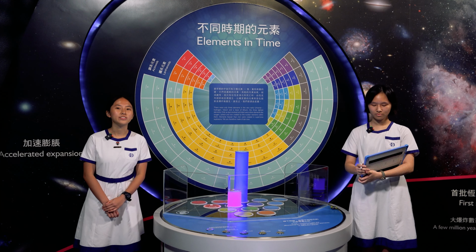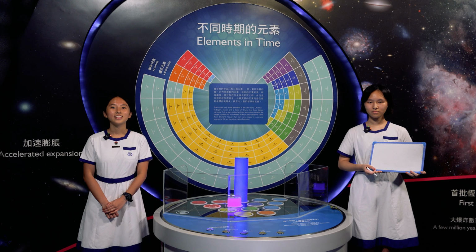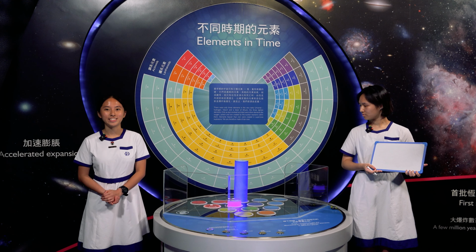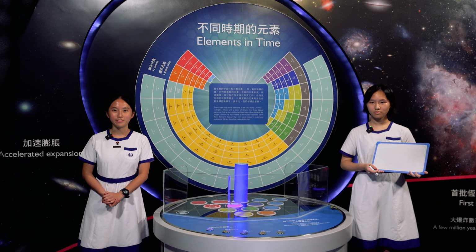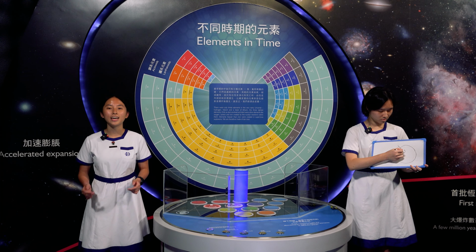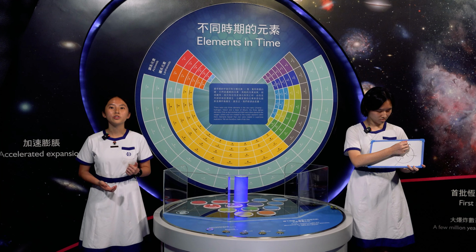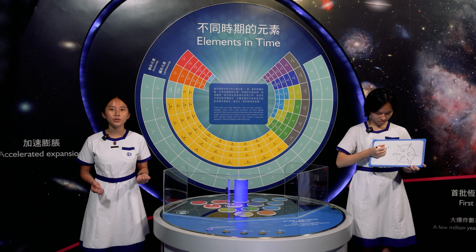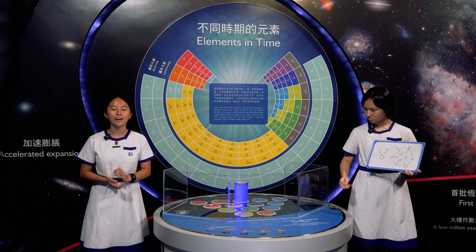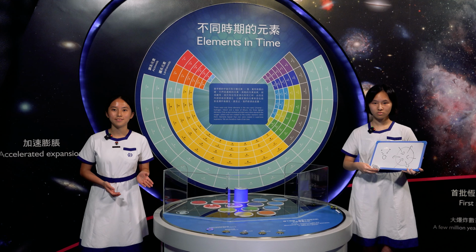Then how did the other 91 naturally occurring elements come into being? Well, a famous quote from Carl Sagan says, "We're made of star stuff." That for stars to maintain their shape and balance the inwards gravitational pressure, they generate radiation pressure through nuclear fusion, which is where two light nuclei merge to form a heavier nucleus and release energy due to a slight decrease in mass.